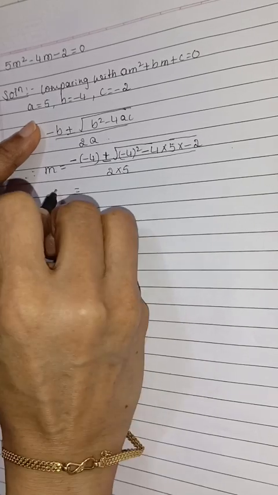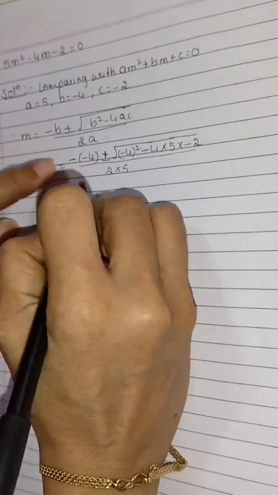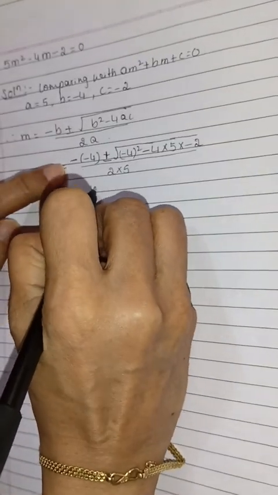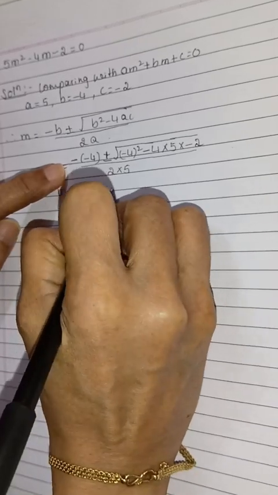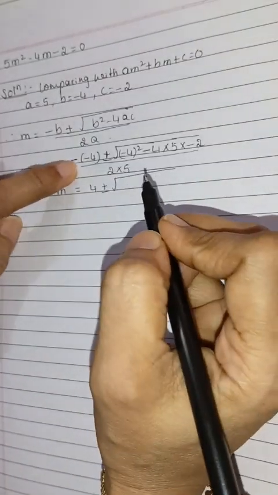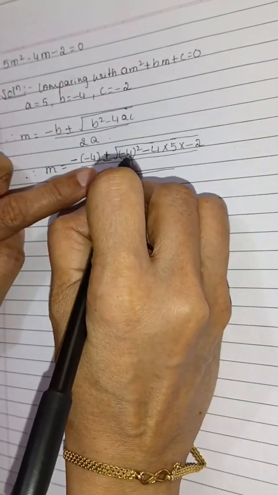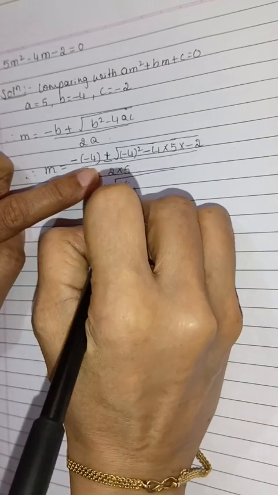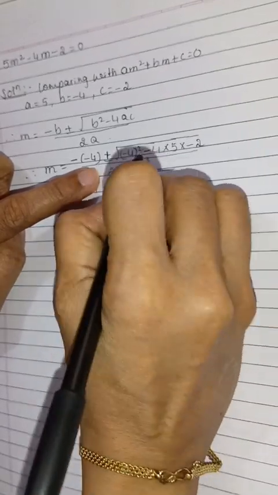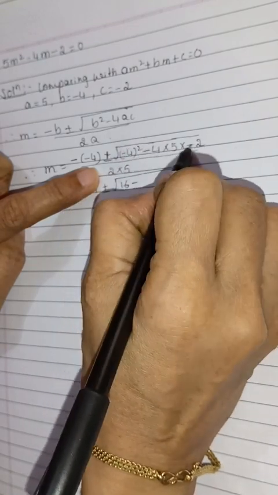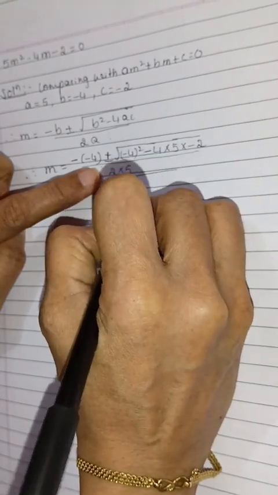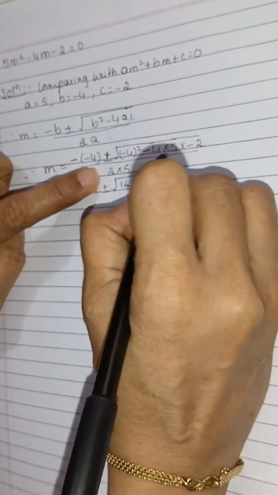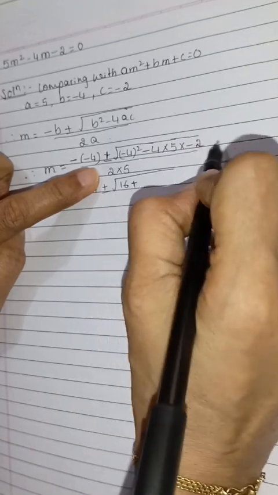So m is minus of minus 4 is plus 4, plus or minus 4 4 is a minus 4 multiplied by minus 4 is 16, minus this minus is plus, become plus. So 4 5 are 20, 20 multiplied by 2 is 40.